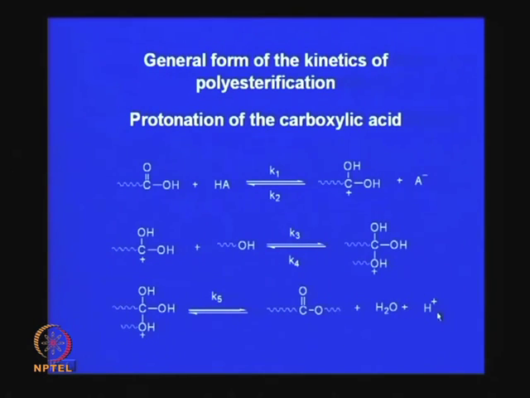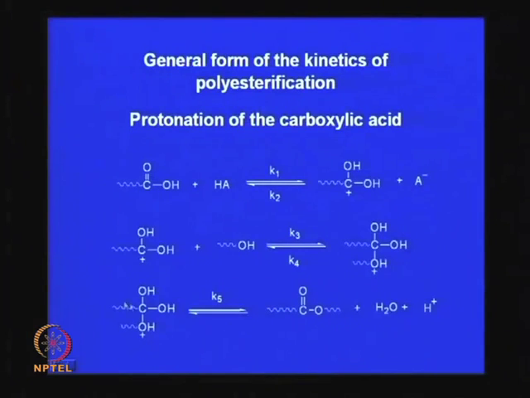Since this proton acted here as a catalyst, you know the basic concept of catalyst: its function is that it is not consumed during the process, but it helps the process by lowering the activation energy. So here acid is removed, meaning regenerated. So this is the basic mechanism of esterification, how it occurs.